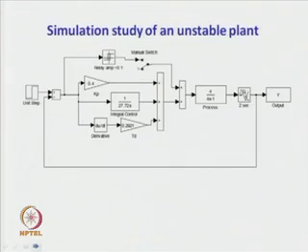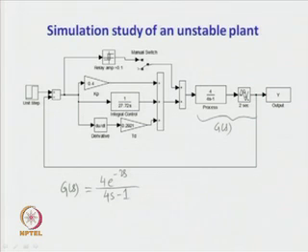Let us go to the simulation study of an unstable plant. In the second case, we have got the plant dynamics GS as 4 e to the power minus 2 s upon 4 s minus 1. So, we have got an open loop unstable process of first order for the simulation study.